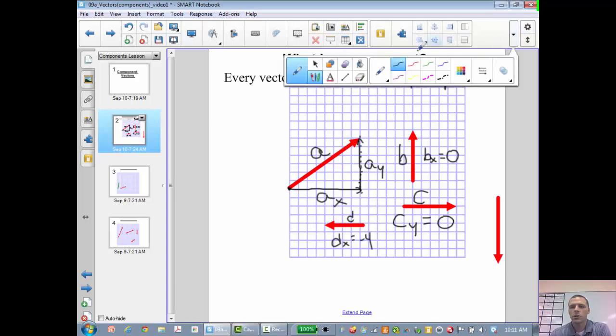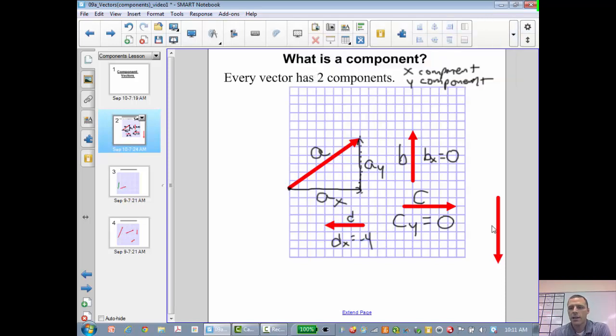Here's one more example of a negative y vector. We'll call this vector E, and EY equals, let's see, 1, 2, 3, 4, 5, 6, 7, 8, so it would be negative 8.